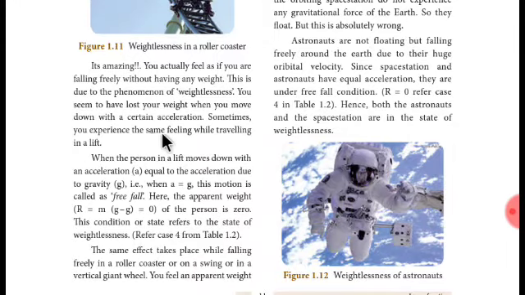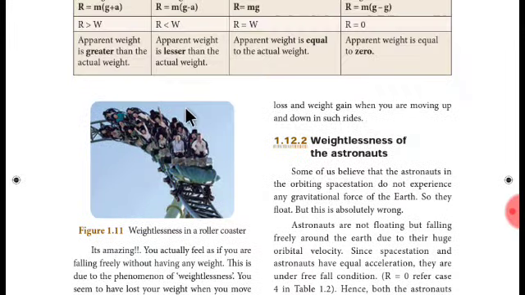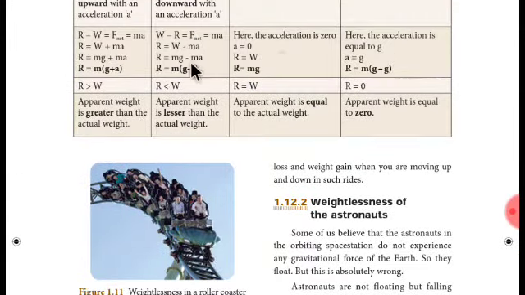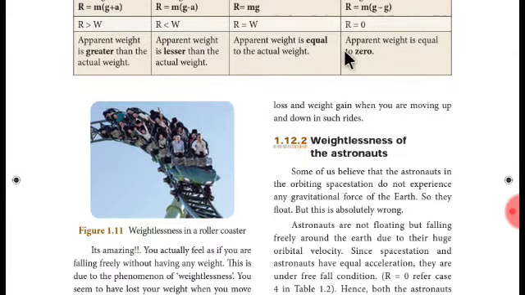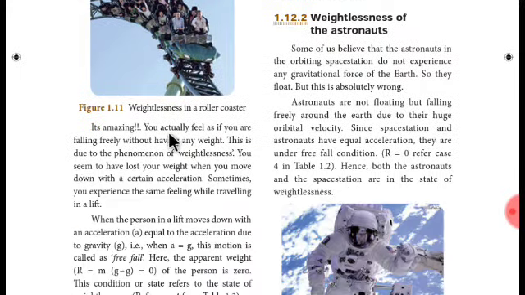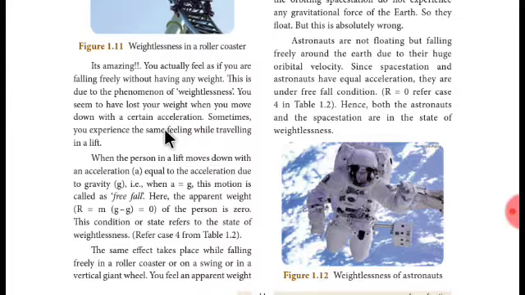Sometimes you experience the same feel while traveling in a lift. For this box I explained everything with the lift. In the Anegan movie, while the hero and heroine are working in the IT office, they meet with a lift accident.